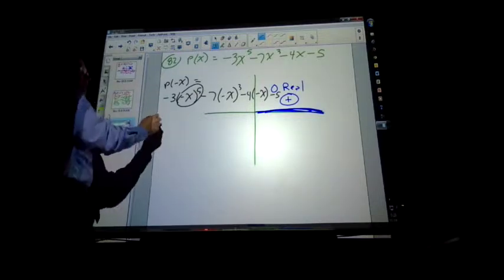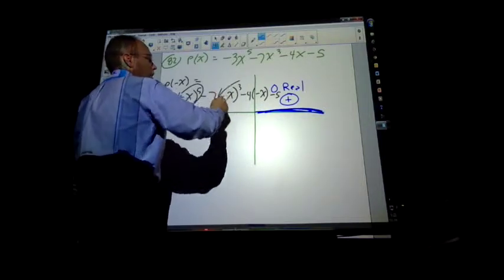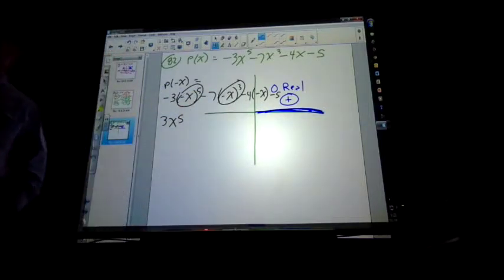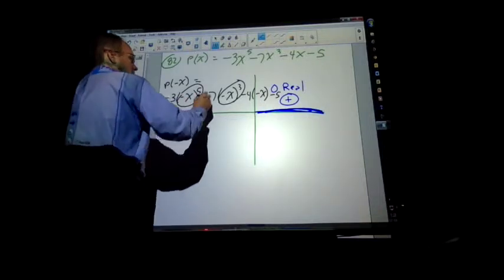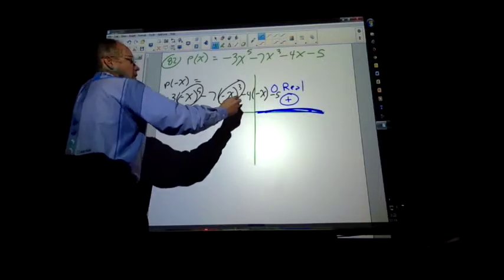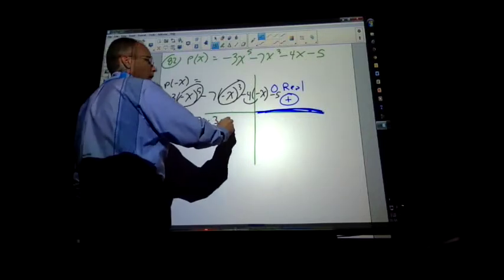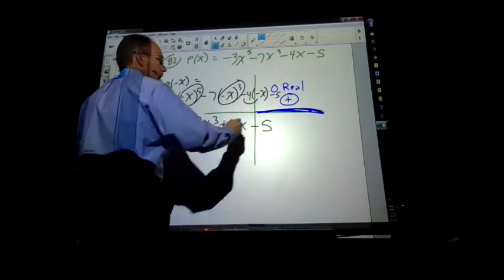And I have a negative out here, so that's going to become positive 3x to the 5th. If I have negative x to the 3rd, does that result in a negative x to the 3rd still? Yep. There's that negative out here too, so it's going to be positive 7x to the 3rd. What does this give us? Positive 4x, and then minus 5, right?